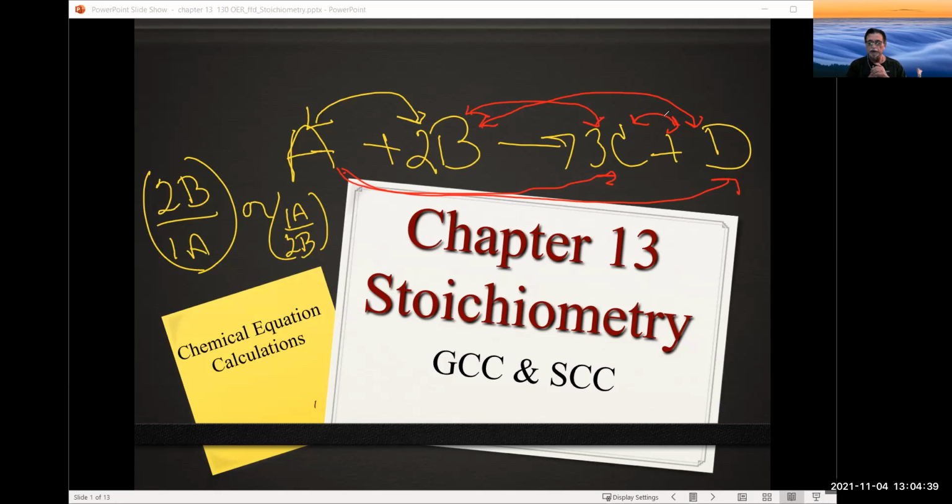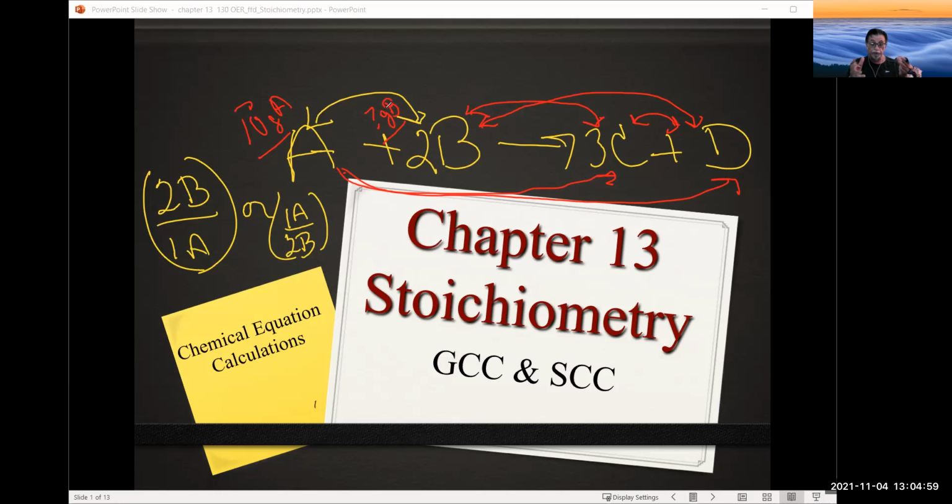Now we're going to start doing examples of actual calculations of reactants. If I start off with, let's say, 10 grams of A, the question may be, how many grams of B do I need?